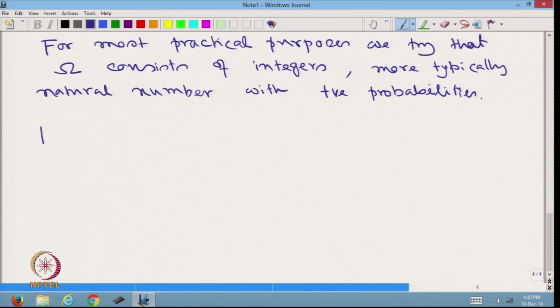Perhaps one of the simplest ones is the Bernoulli random variable.